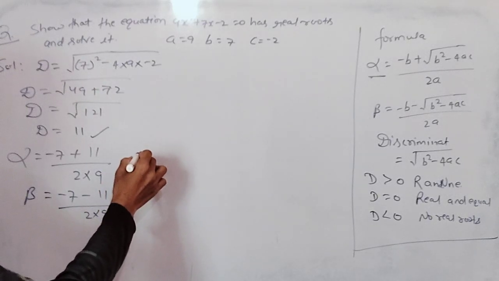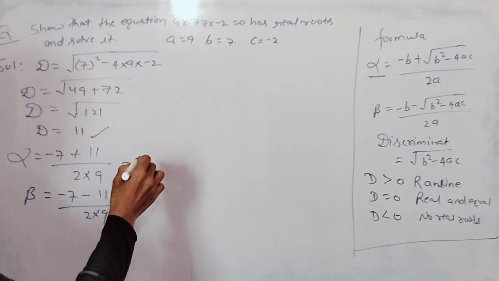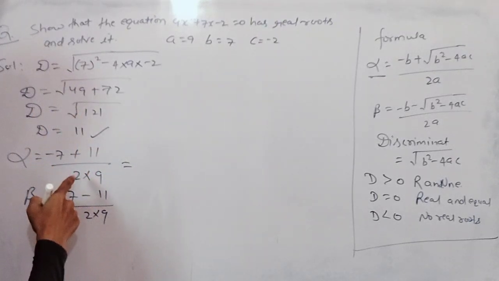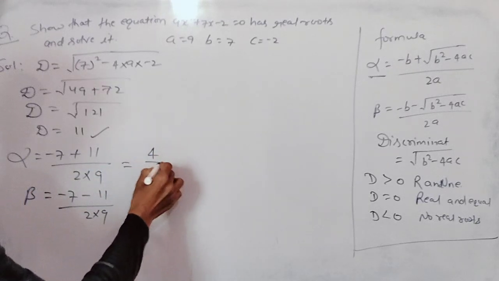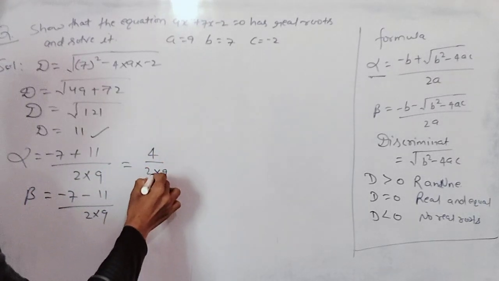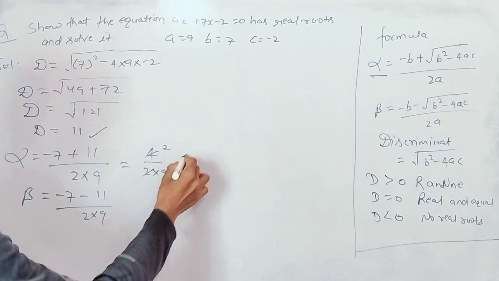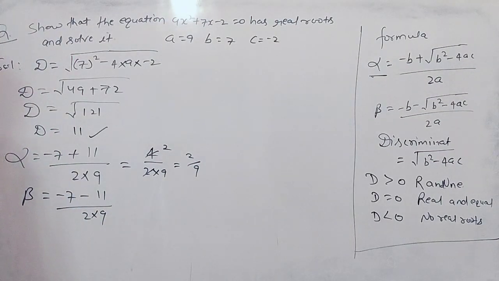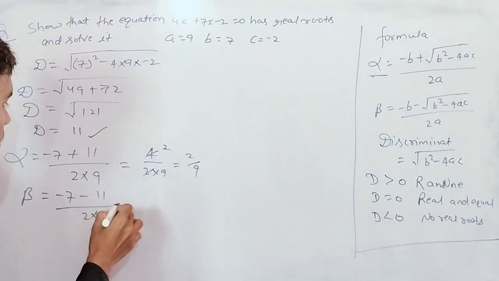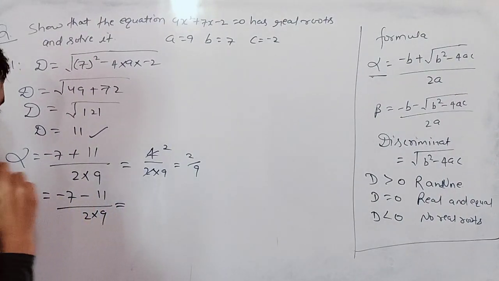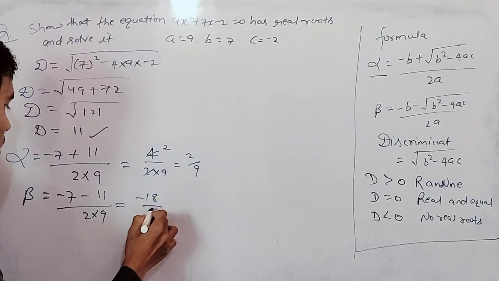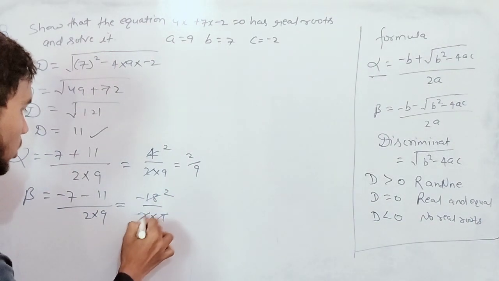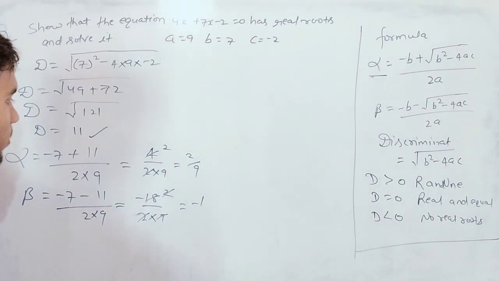From this we get 4 upon 2 multiplied by 9, which is 2 upon 9. It is a rational number. Now beta is minus 18 upon 2 multiplied by 9, which gives us minus 1.